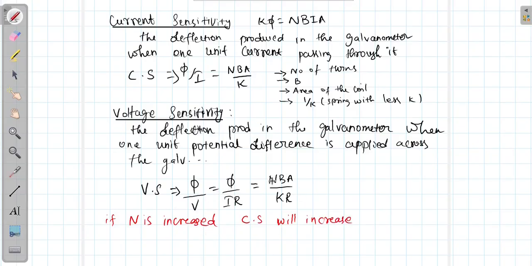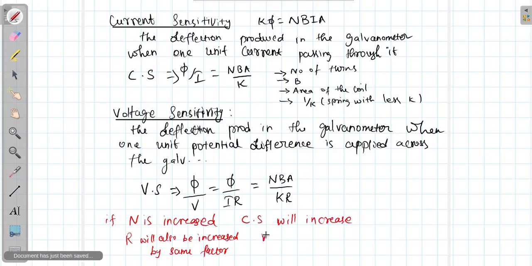When N is increased, R will also be increased by the same factor.